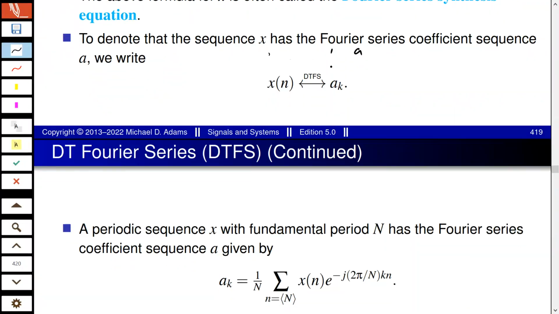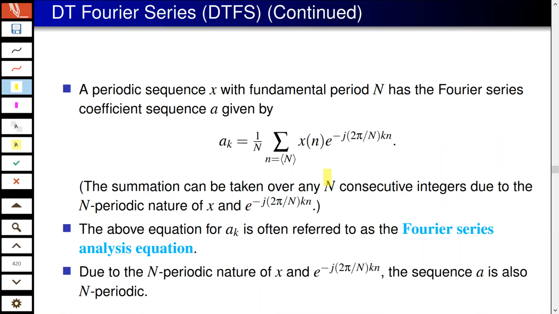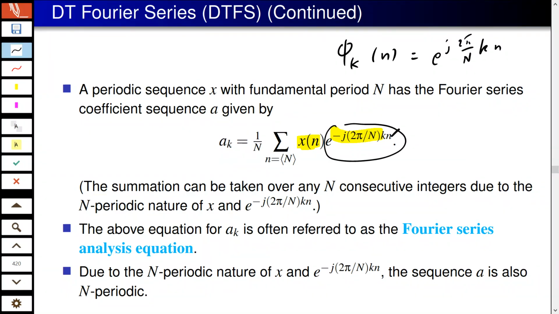So make sure you see the conjugate thing here, right? You start with the discrete time sequence and you multiply this by the complex conjugate. So if that thing was phi k of n, this thing is actually phi k star of n, the complex conjugate.